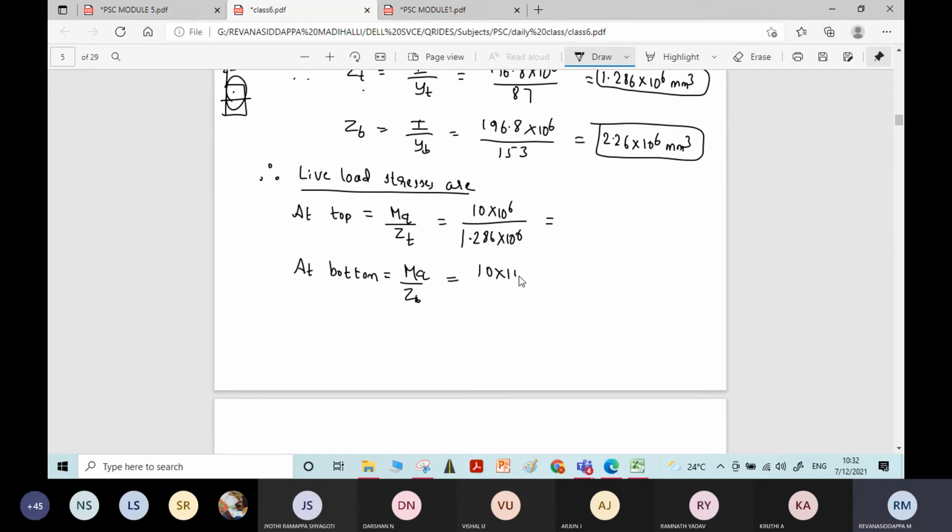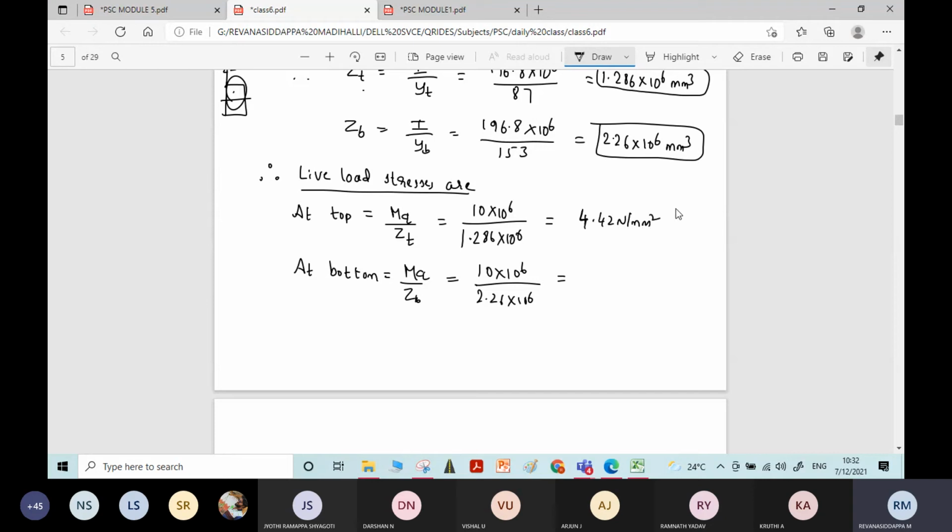Ten into 10 power 6 divided by 2.26 into 10 power 6 is 4.42 Newton per mm square.